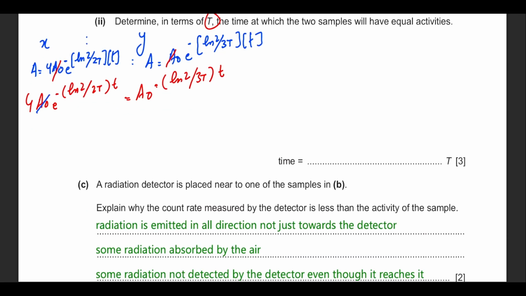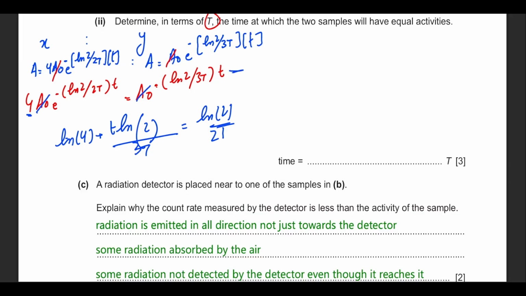So this cancels, A naught cancels. What I'm left with is just numbers. If we apply the natural log here, it will come out something like this: ln of 4 plus t ln of 2 divided by 3t equals ln 2 by 2t.